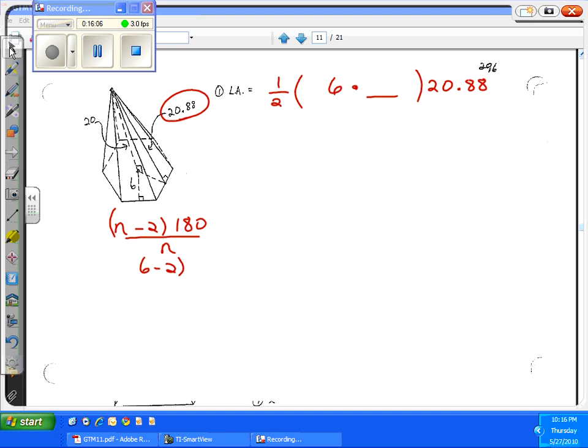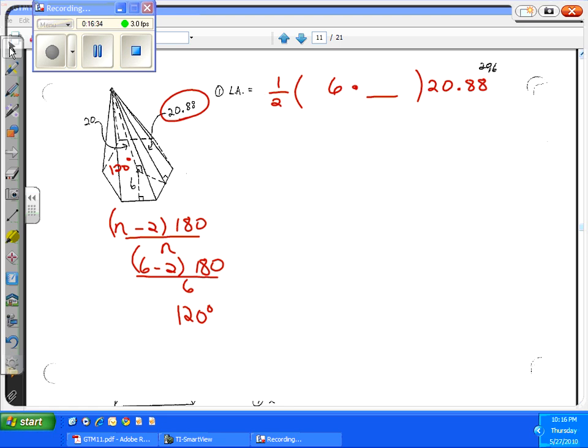So we would have 6 minus 2 times 180 degrees divided by 6. And when we did that, we got an interior angle of 120 degrees for a hexagon.